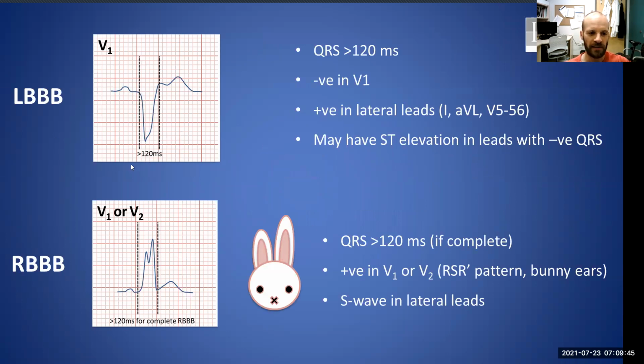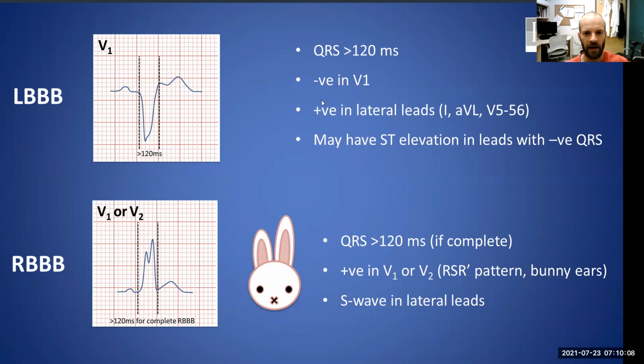So a fortnight ago, we did a little bit about bundle branch blocks and pacing. We talked about how bundle branch blocks are shown as broad QRS complexes. And the way that you're going to tell the difference between a left bundle and a right bundle is, first of all, by looking at lead V1. In V1, a left has a big negative deflection.